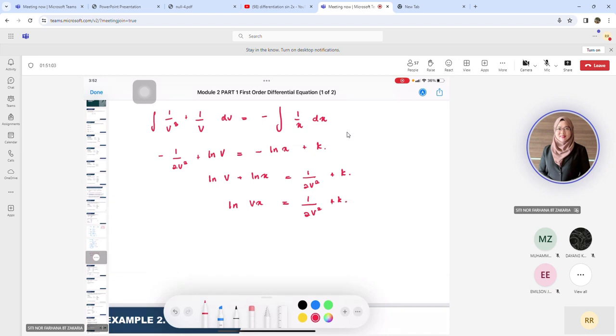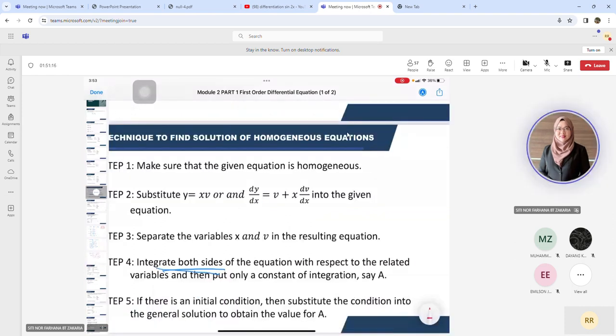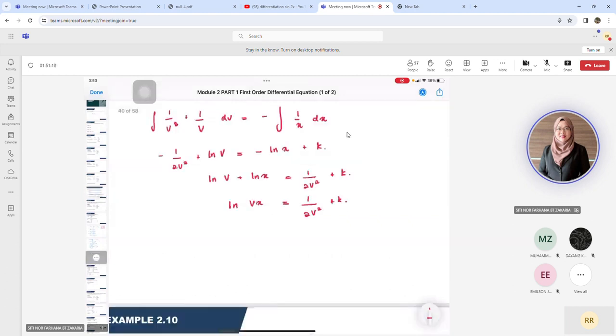So we have ln, we can simplify it by multiplying with exponential. But before that, we need to replace the variable that we changed earlier, replace it back into this function.